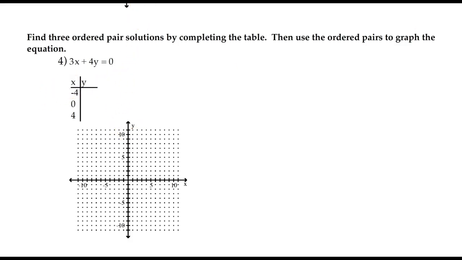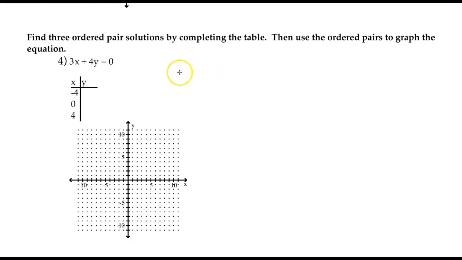So in this case, notice that this is in general form again, or standard form. And so we could easily find out what the x and y intercepts are. But the purpose of this example is to test to see if you can actually plug in a value for x and solve for y.